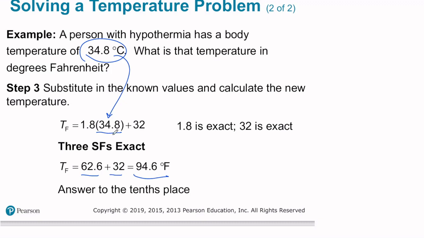Since we have three significant figures in our original number, we're going to have three significant figures in our final answer, because the 1.8 is an exact number and the 32 is an exact number. So we'll express our answer to the tenths place.